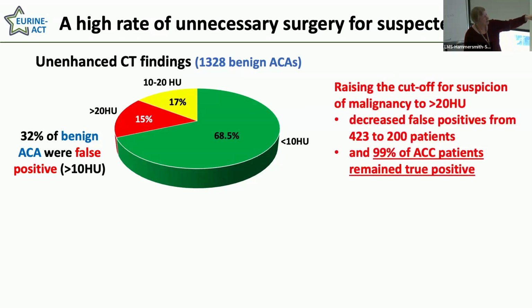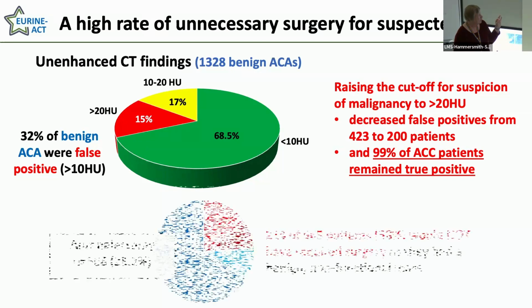We could show that by raising the cutoff from 10 to 20 Hounsfield units, we decreased the false positives in these 2,000 patients from 423 to 200 patients, but maintained 99% of the ACC patients as true positives. It was only a single patient who didn't fall into this, and this was a glucocorticoid producing patient who anyway would have been removed.